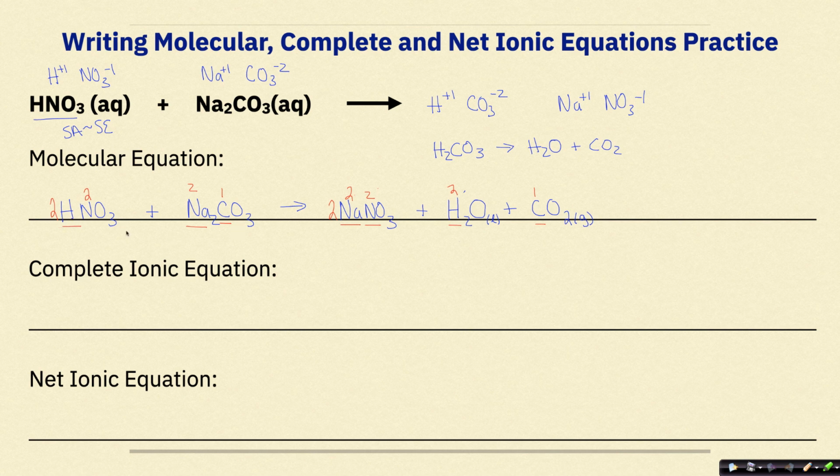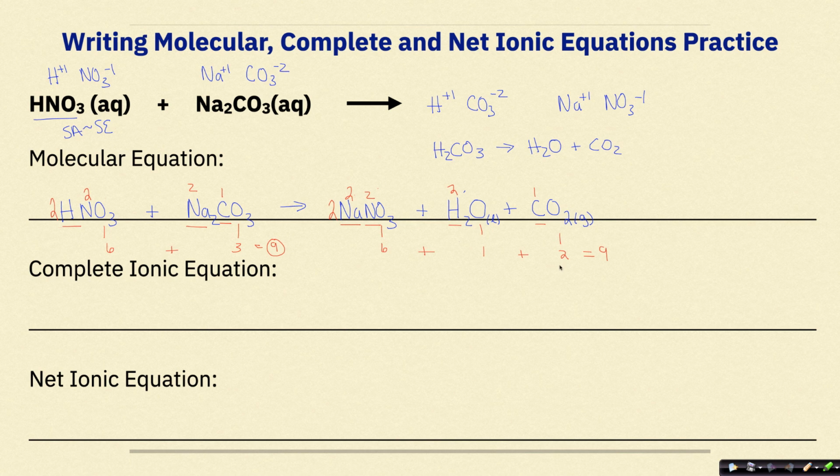So 2 times 3 gives me 6 oxygens right here, 3 oxygens right here, for a total of 9 oxygens on my reactant side. On the product side, 2 times 3, 6 oxygens, 1 oxygen right here, 2 oxygens right here, so 6 plus 1 plus 2, hey, that's also 9 oxygens. So, whew, thank goodness that is balanced.